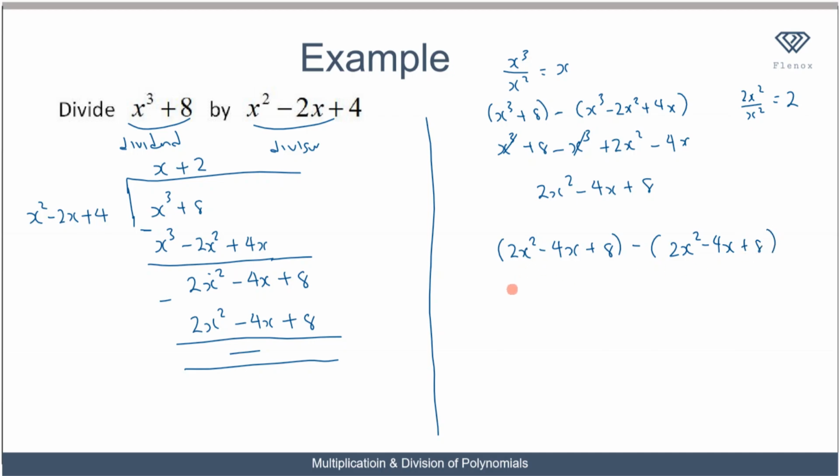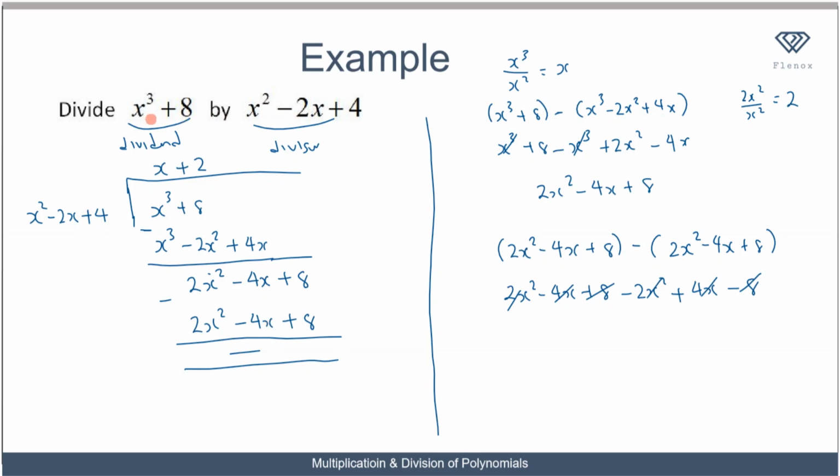Then you expand: minus 2x squared, minus times minus is plus 4x, minus times plus is minus 8. 2x squared cancels minus 2x squared, minus 4x cancels plus 4x, and plus 8 cancels minus 8, and I'm left with 0. So what does it mean?